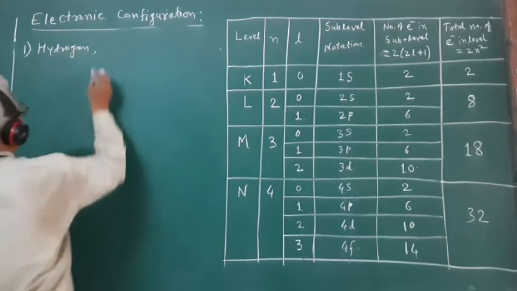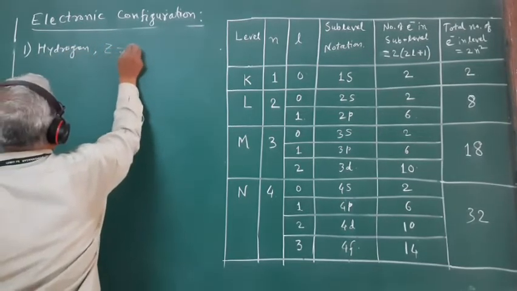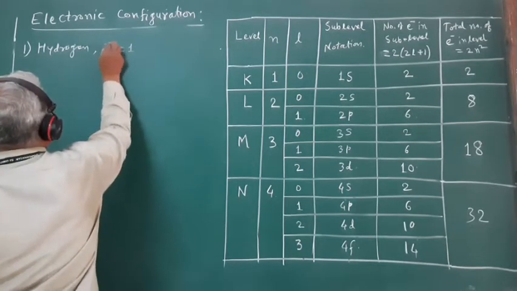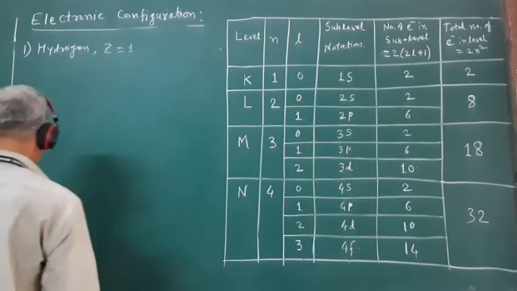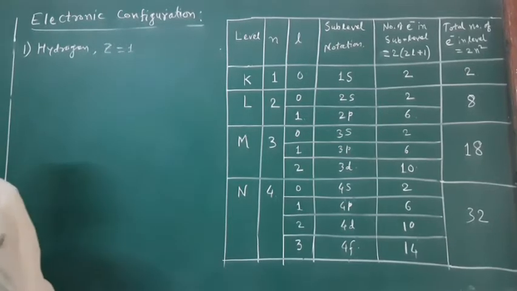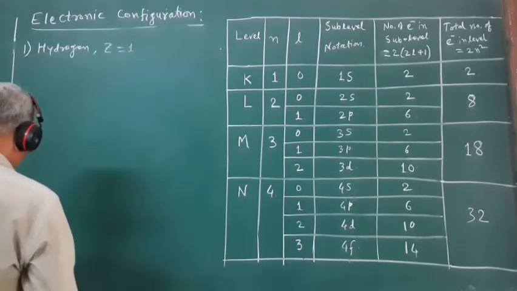For hydrogen, we know that Z is equal to 1. The atomic number of hydrogen is 1, which indicates that there is only one electron in the hydrogen atom.